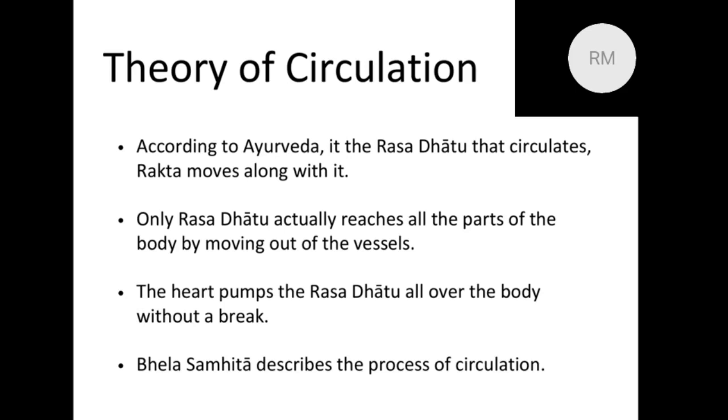So you can see that in Ayurveda, circulation has been described, and even the structure. So we have the heart, the dhamani, the sira, and the srotas, and the circulation of Rasa Dhātu.